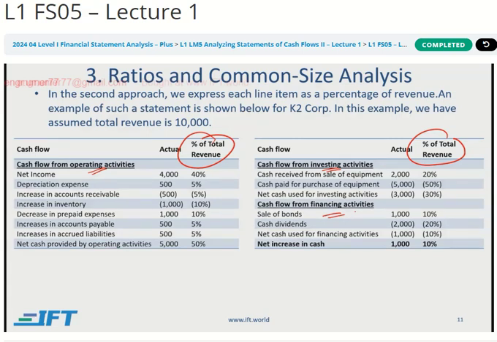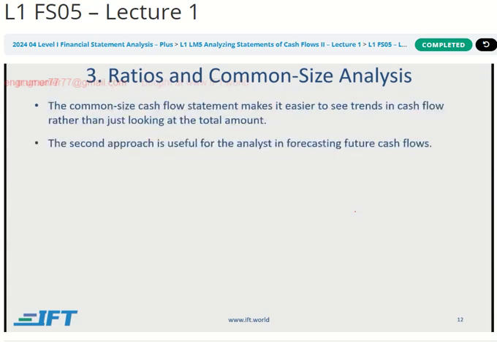Now, which of these two methods is better? So the first one, which is looking at it in terms of a percentage of inflows and outflows respectively, helps us to see the trends in cash flow, right?